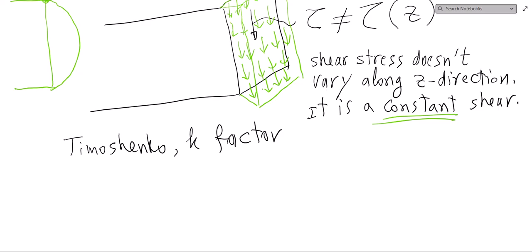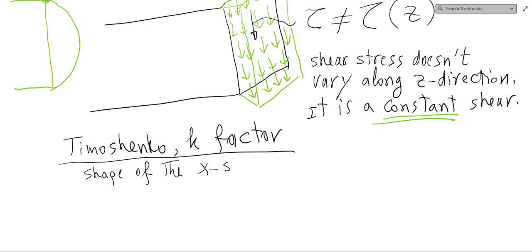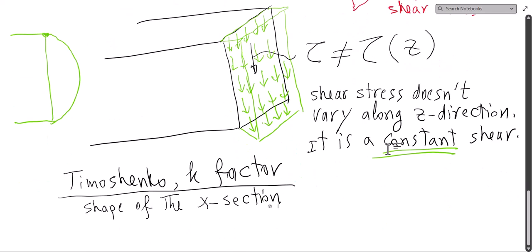When I calculate the shear stress, we multiply by this K factor, and the K factor depends on the shape of the cross section, and brings back that compatibility of the shear stress that I just described here.